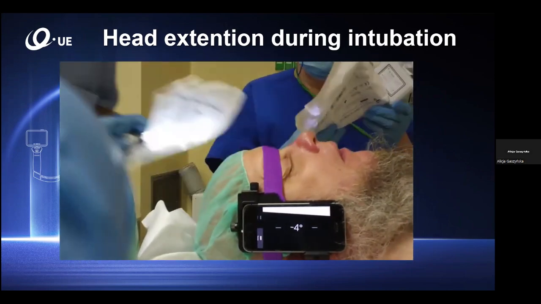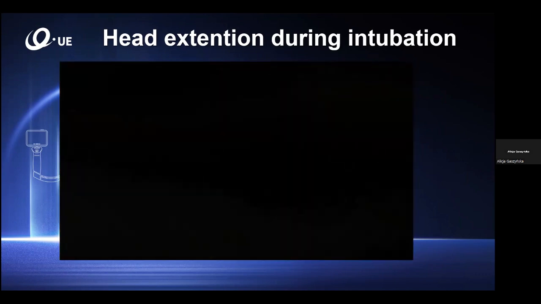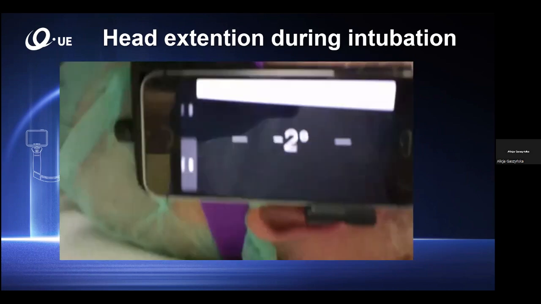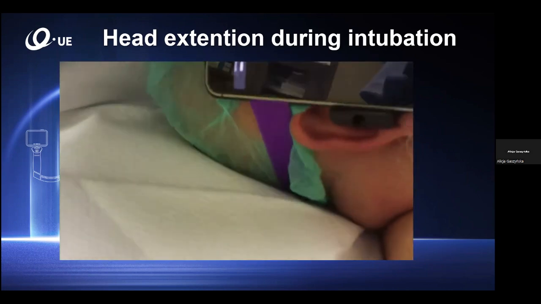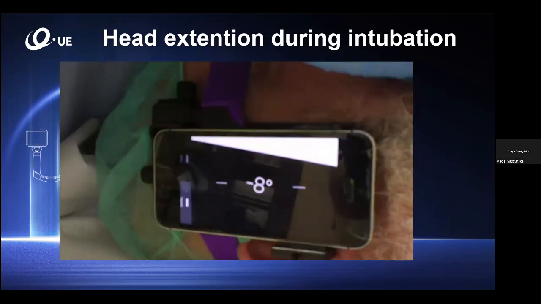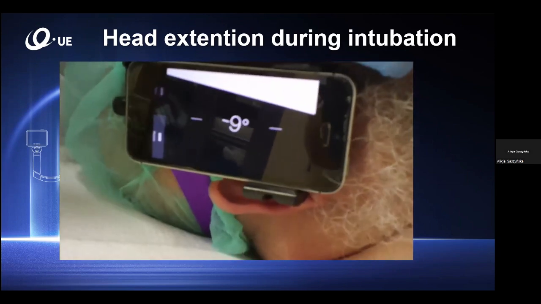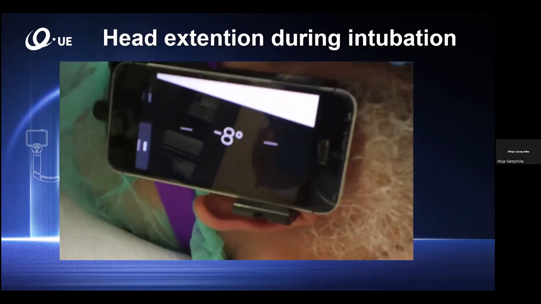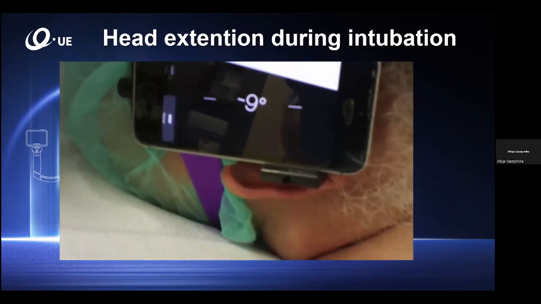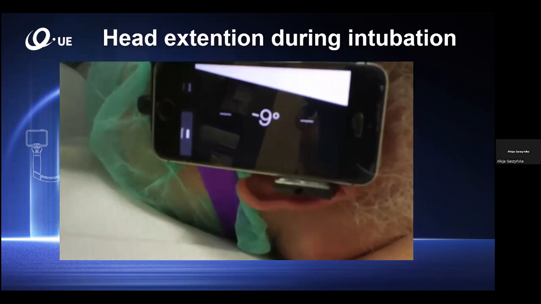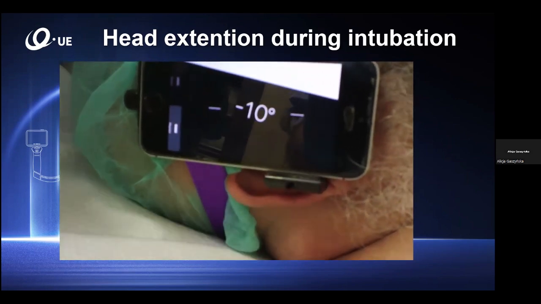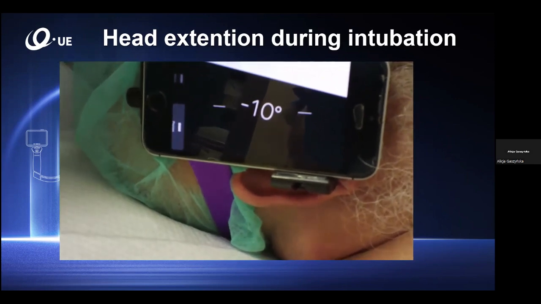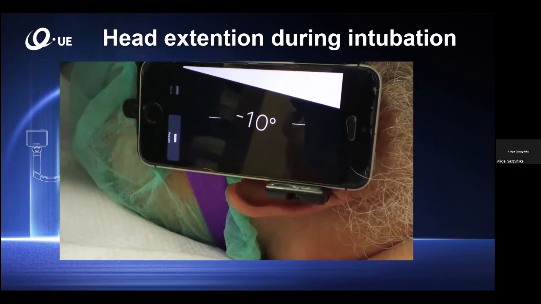And now the colleague will do this with the UED-A video laryngoscope. In a moment, you will see the head extension in the same patient intubated with the UED-A video laryngoscope, of course, successfully. And it's about 10 degrees. So the difference between those two devices, the direct vision laryngoscope and the UED-A video laryngoscope, is 6 degrees.